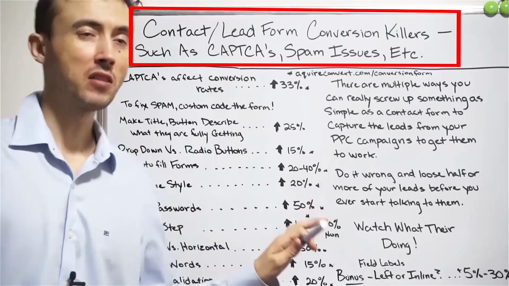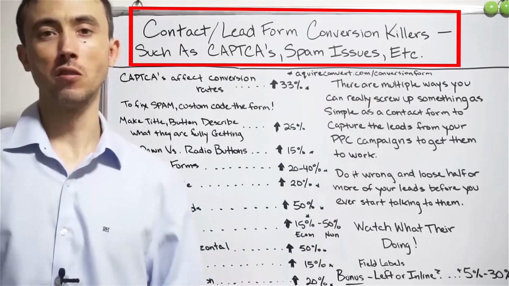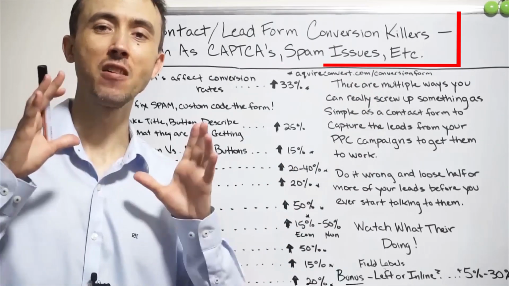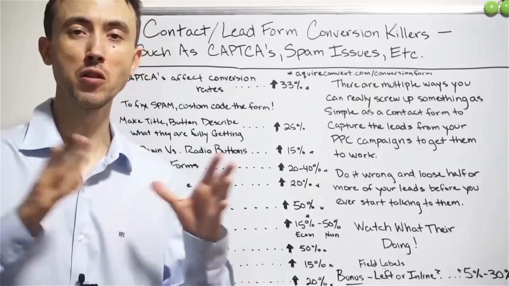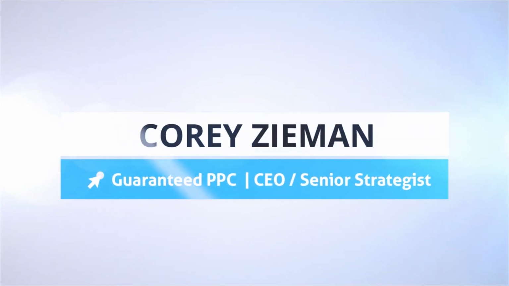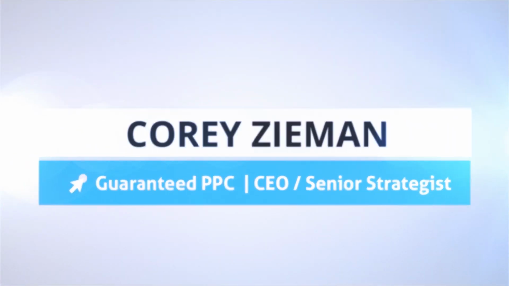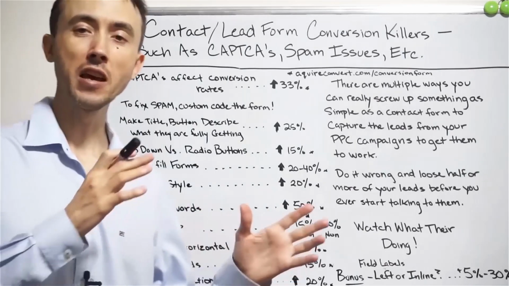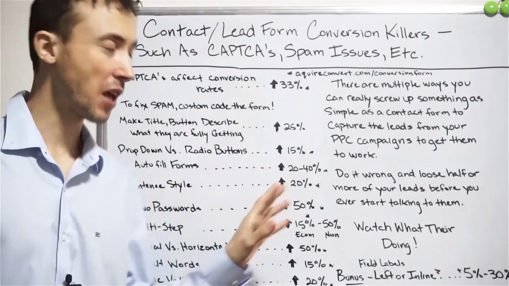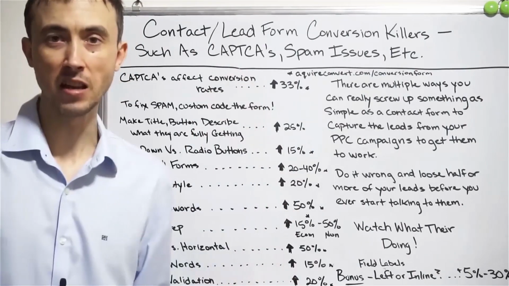The things you do with the implementation or the style of your contact form, or should I say things you don't do with it, will actually hurt your conversion rates by up to 300% when you add up all the mistakes you can make with it.